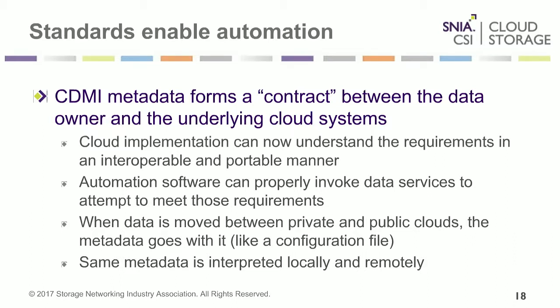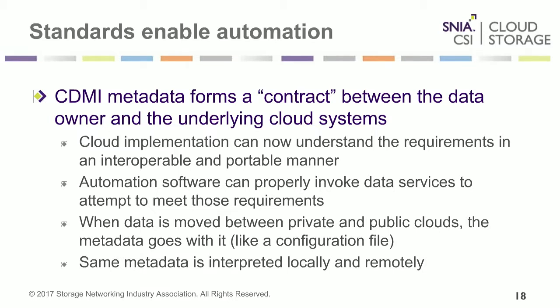It can be ported. The automation software can be the one that invokes these data services, invokes a backup, invokes some other data service to protect or make available or replicate or stage your data to the various tiers, for example, that correspond to the requirements that have been set on that data. And then the portability aspect comes in when you want to move your data between the private and public portions of your hybrid cloud.